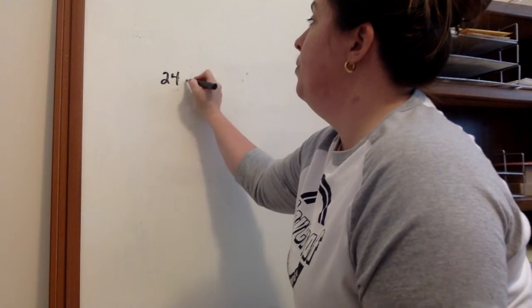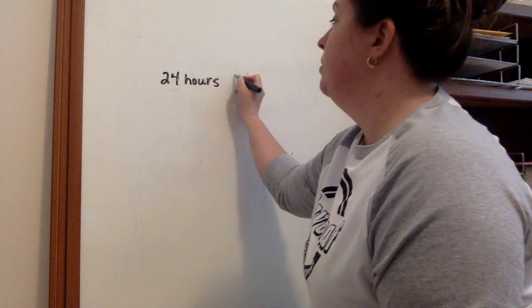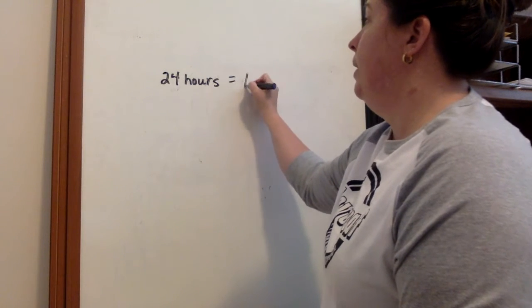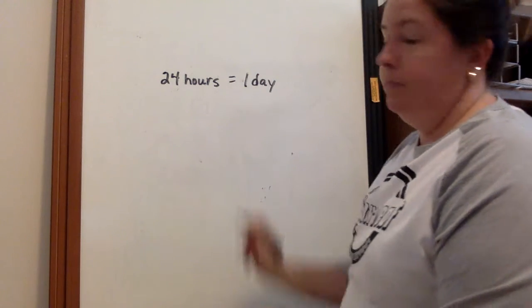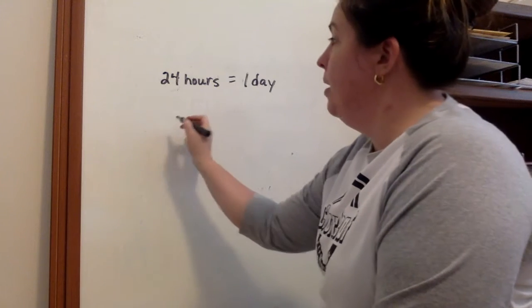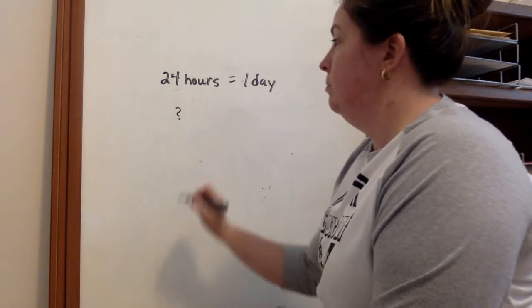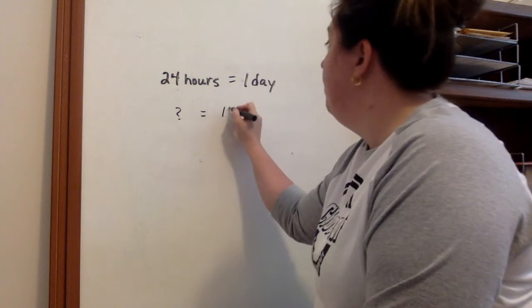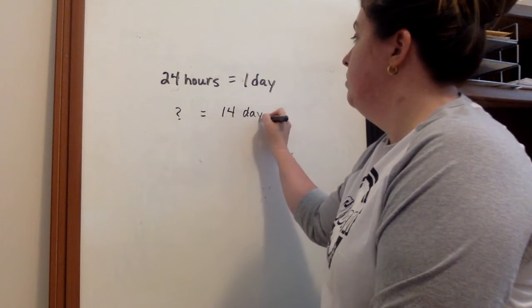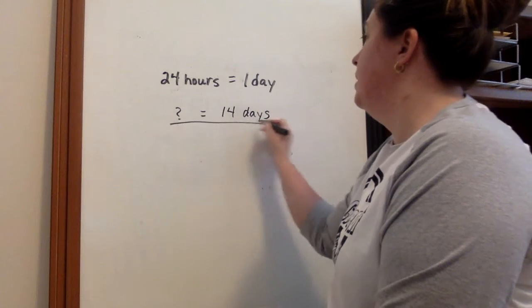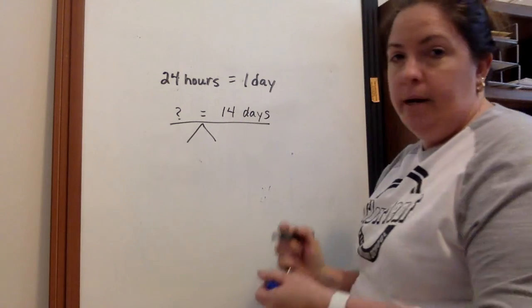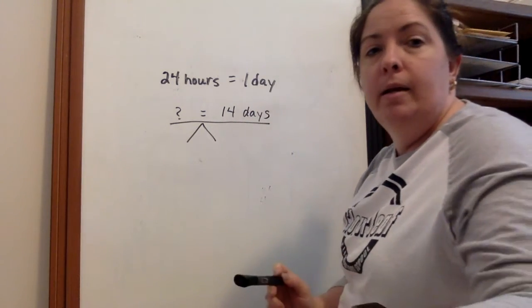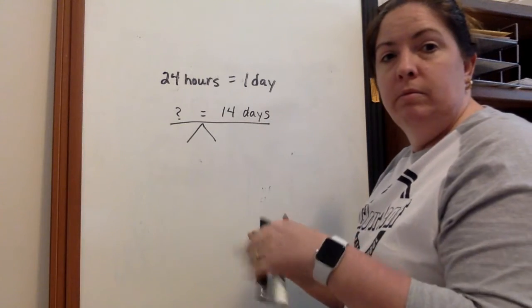There are 24 hours in one day. Right? So then our question is, well, how many hours are in 14 days? How are we going to balance this, right, to make it equivalent?